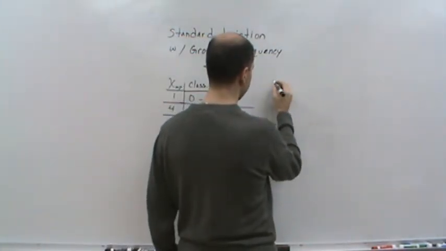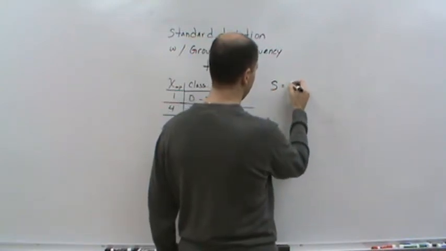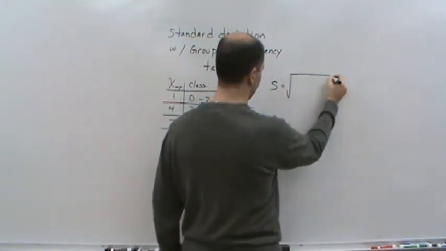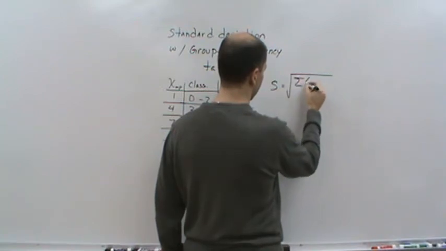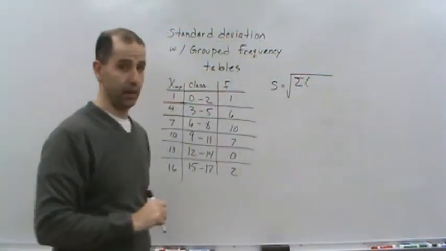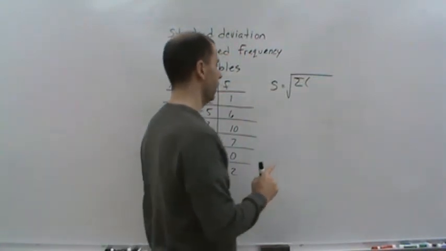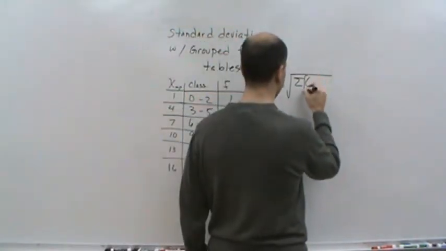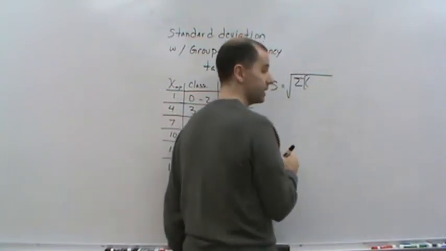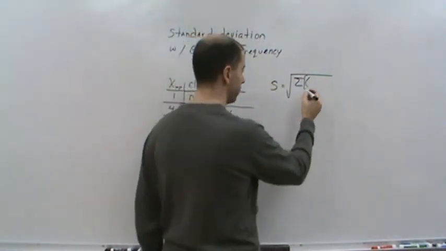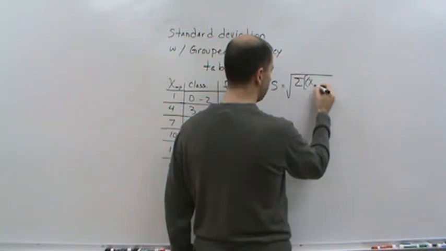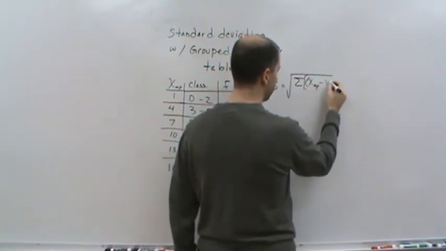So it would be the summation of the products of these two things. So I'm going to put in here, and I'm going to do the deviations using the midpoints. So it's going to be x of MP minus x bar.